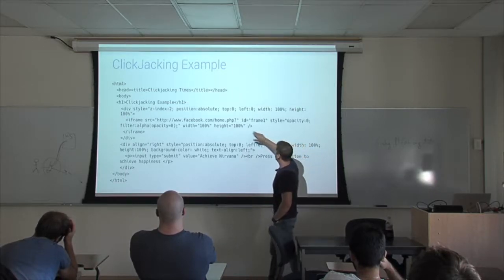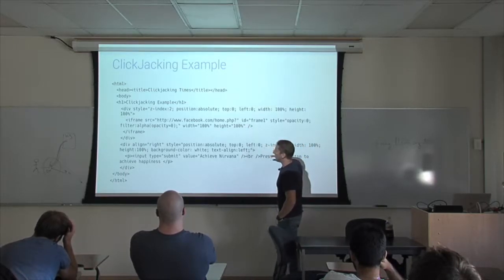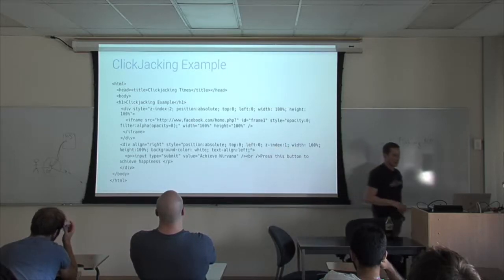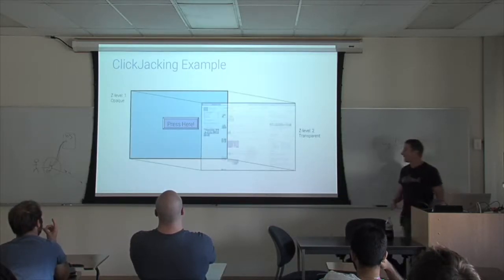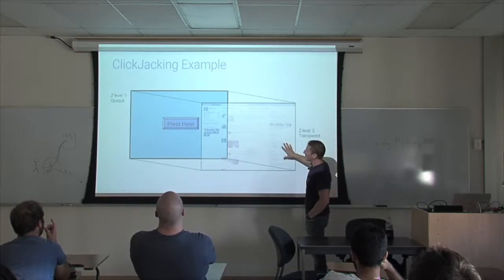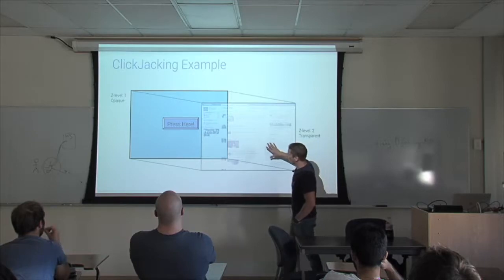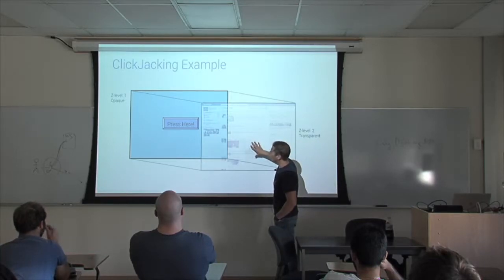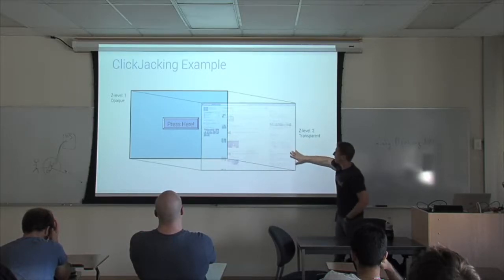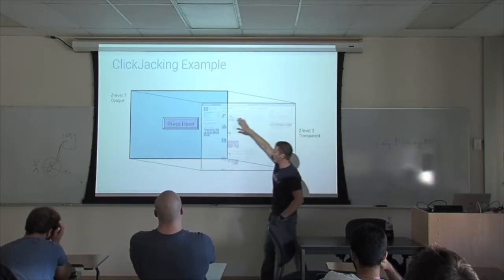Okay, so the z-index here is 2, the z-index here is 1. So the net result is that in front of everything, there is actually the Facebook page. Okay, this is the z-level 2, and it's completely transparent.